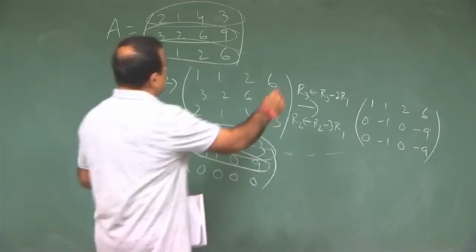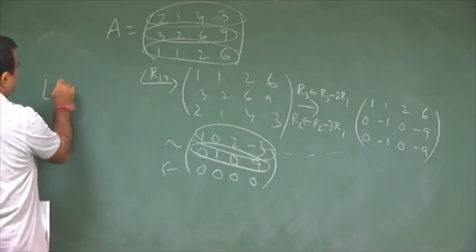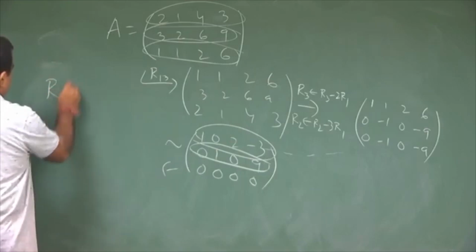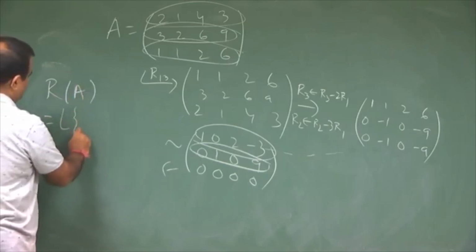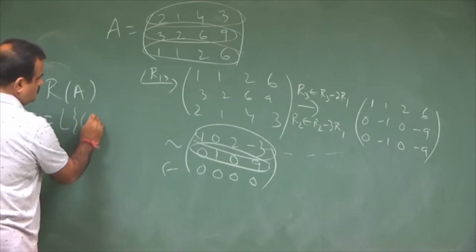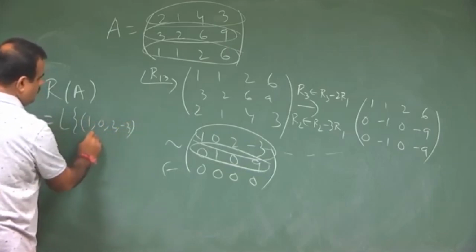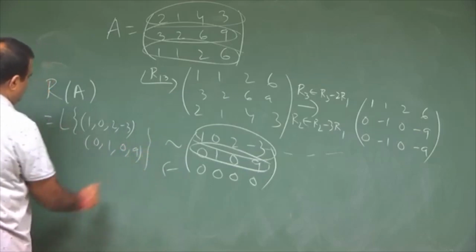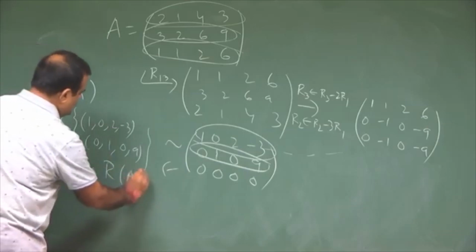So, this L of R, the row space of A, is nothing but the linear combination of these vectors. So, 1 0 2 minus 3, only 2 non-zero vectors are there, and they are independent. So, dimension of R of A is 2.